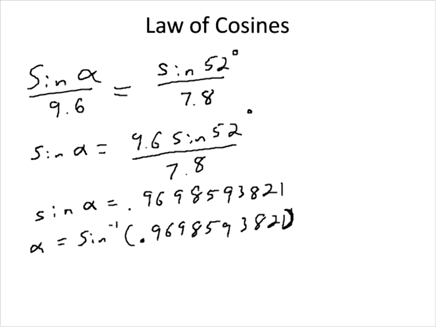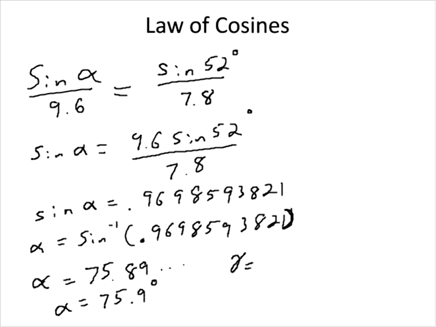Let's put parentheses there. So the angle alpha should be equal to, well, on mine it's 75.89 something, so we'll say alpha, rounded to the nearest tenth, is 75.9 degrees.